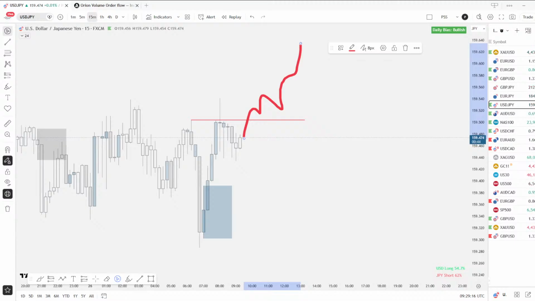I'm going to add another source. Okay, this is the other one that you can't see.